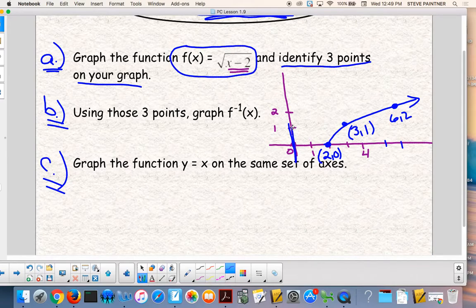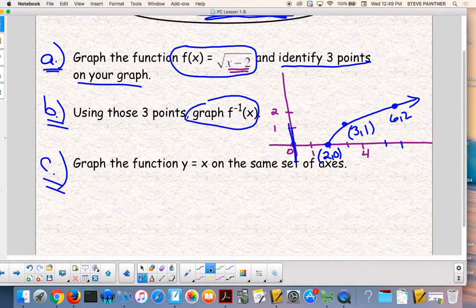Now here it says, using those 3 points, this is part B now, go graph your what? What is this called? That's your inverse. Go graph it. You know what to do? What are you guys going to do? Plug in points?